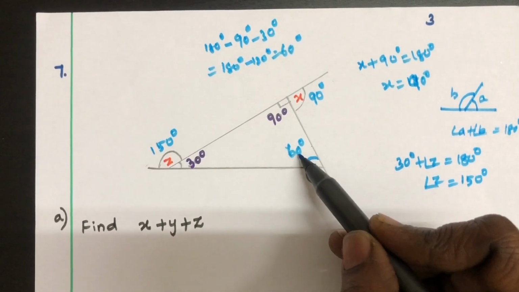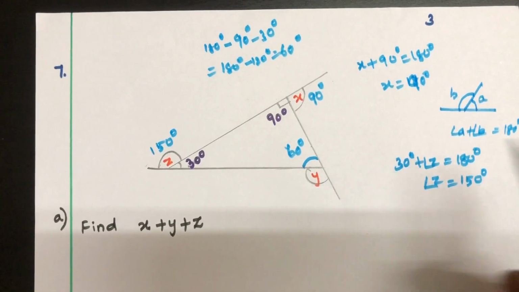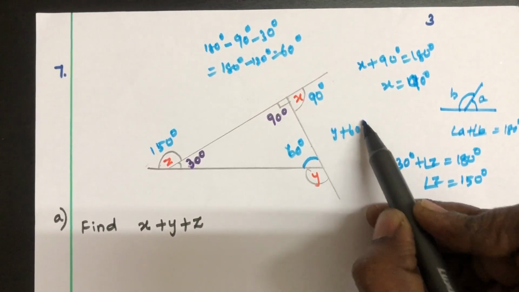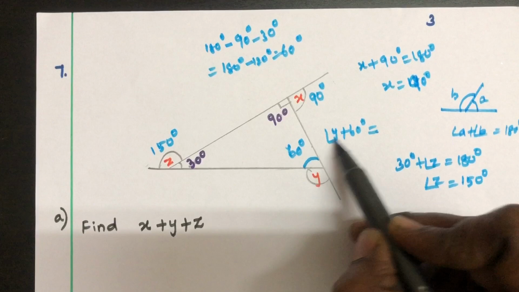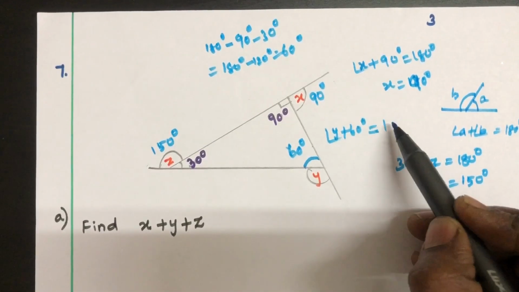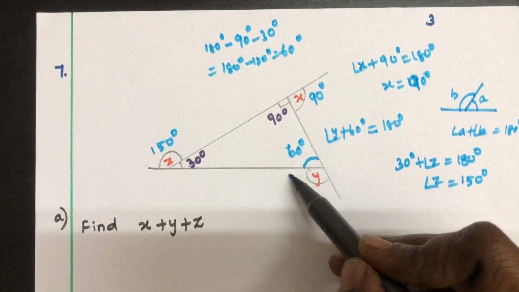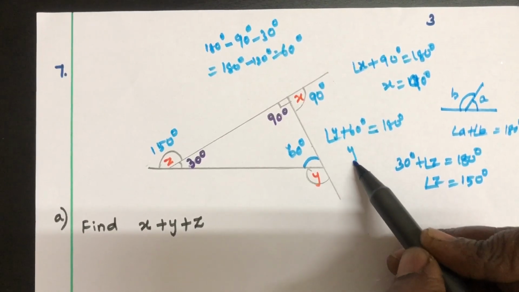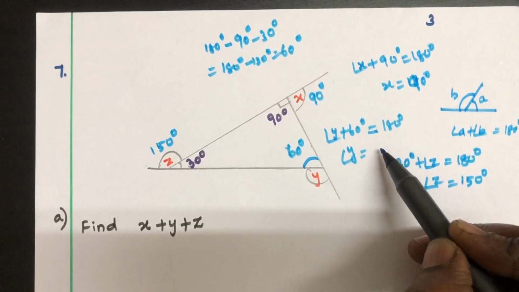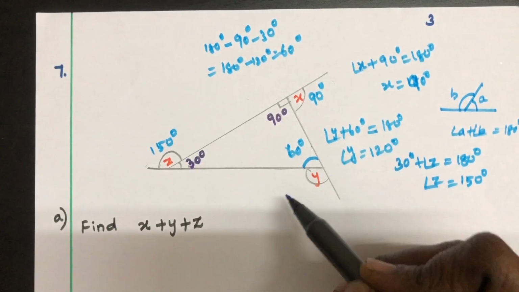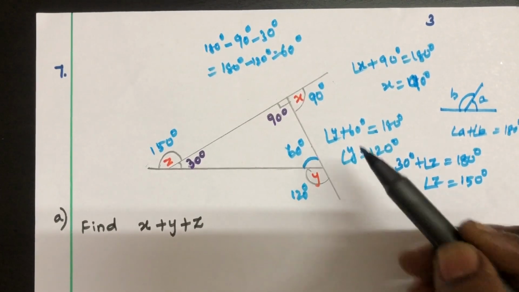If this is 60 degrees, what is this y? y plus 60 degrees is equal to 180 degrees. Linear pair, a straight line and another straight line on this. So angle y is equal to 180 degrees minus 60 degrees, which is 120 degrees. The value of this y is 120 degrees.